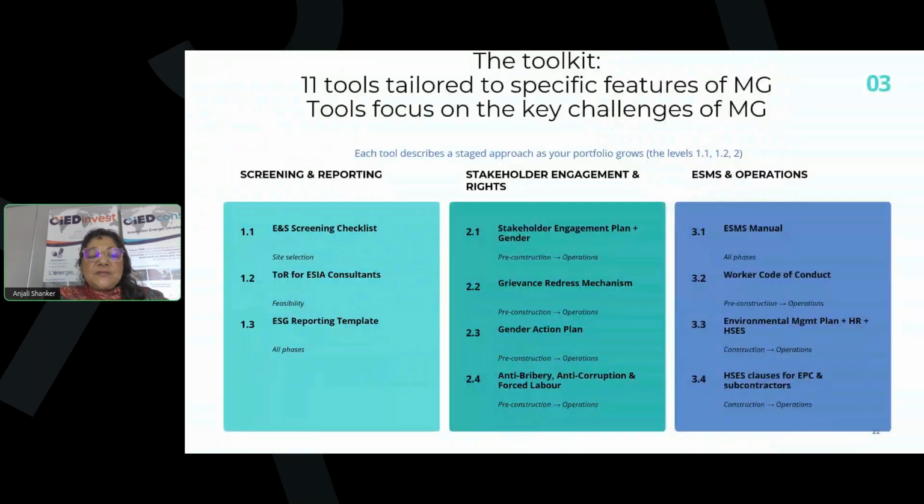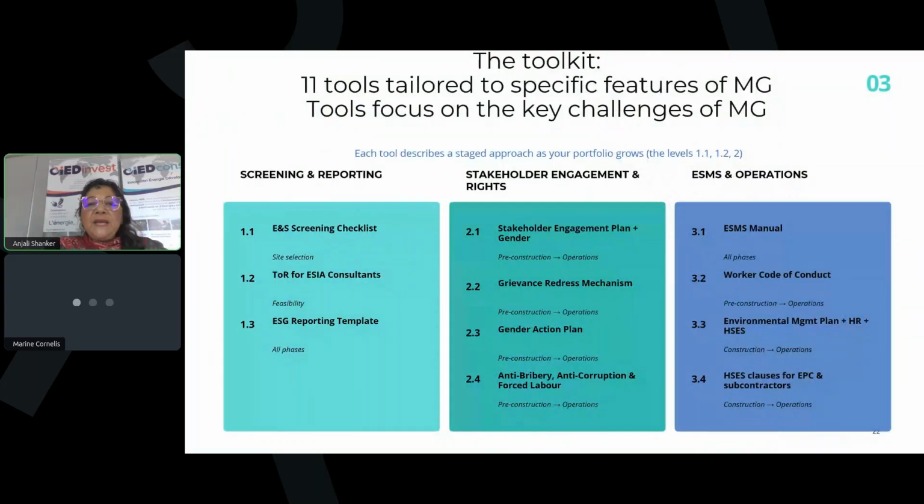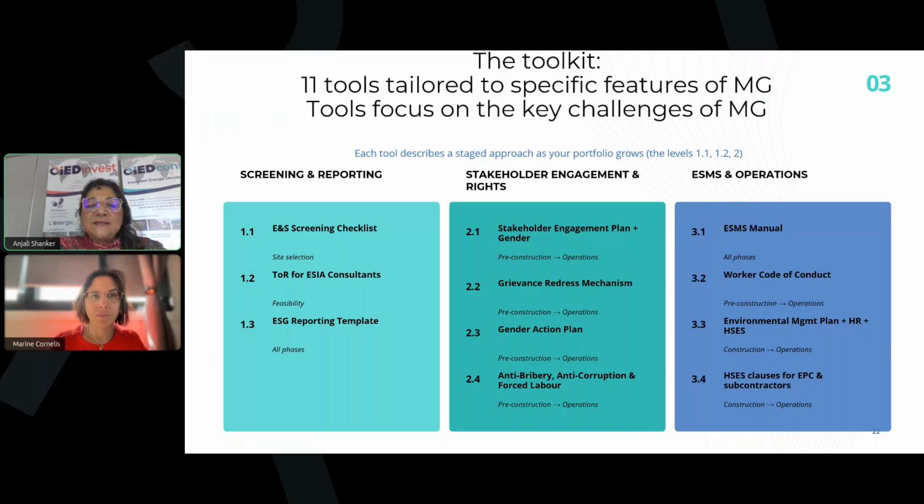So with this, we've gone through the overview of the ESG guidebook and how it relates to this toolkit for practitioners. Now, regarding this toolkit, I will just, on the next slide, please, introduce how we have organized these toolkits.